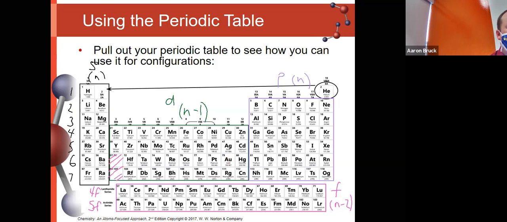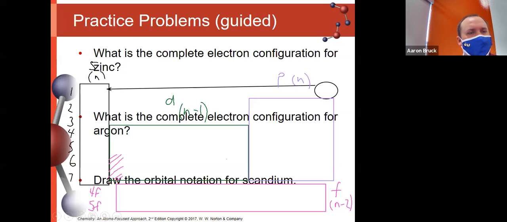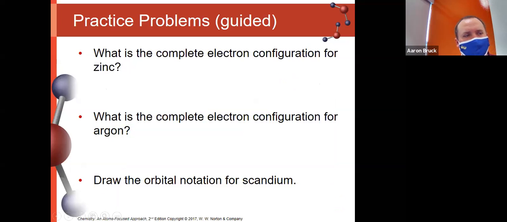So now that we've established this map, how do we actually use the map to do electron configurations? Well, the answer to that can only come by us doing some examples.